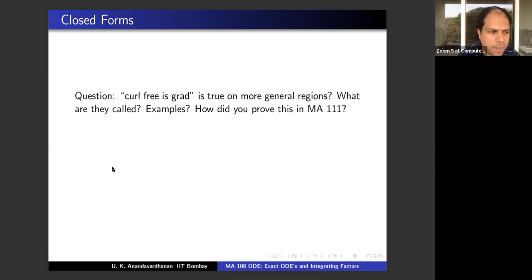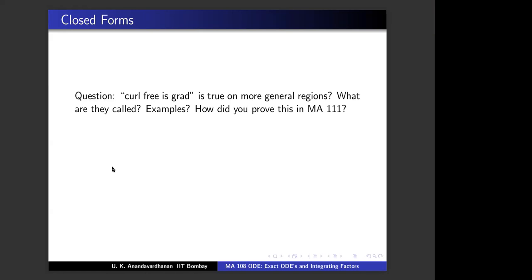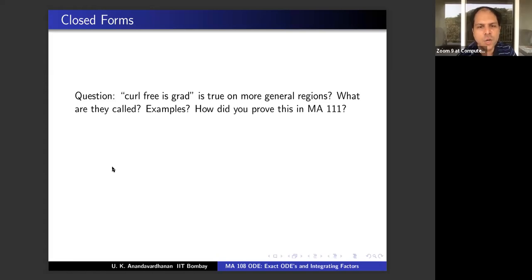What does that mean? It is conservative. Yeah, it is a gradient of something, right? This is something that you would have already proved, that path independence implies, right? If on any closed curve the line integral is 0, that means line integral is path independent, right?